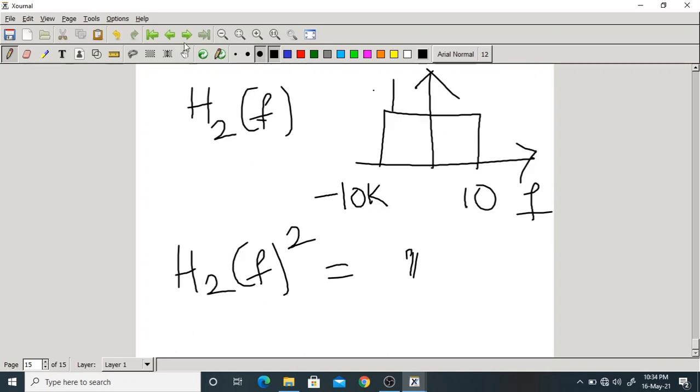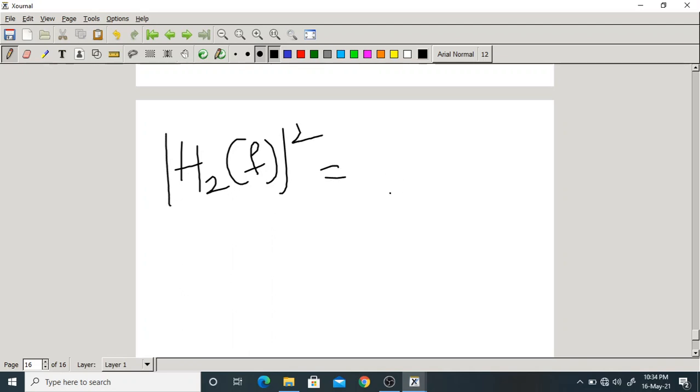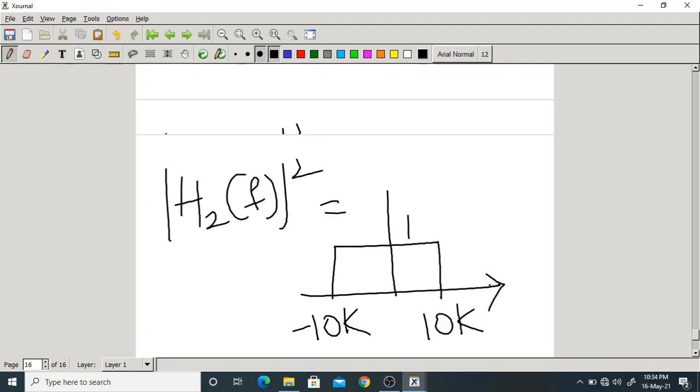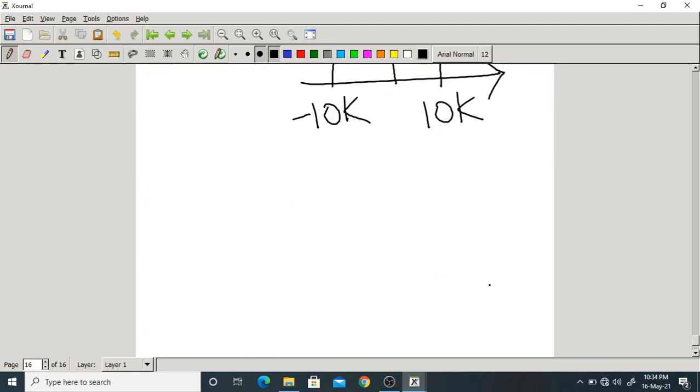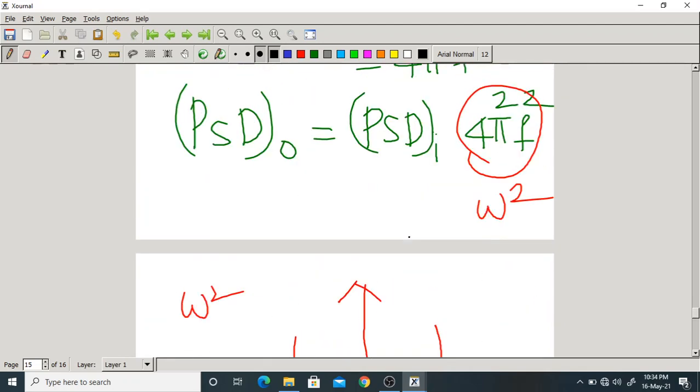Okay, which means mod is not required and mod of H2 of f whole square equals this low pass filter. Is it okay?